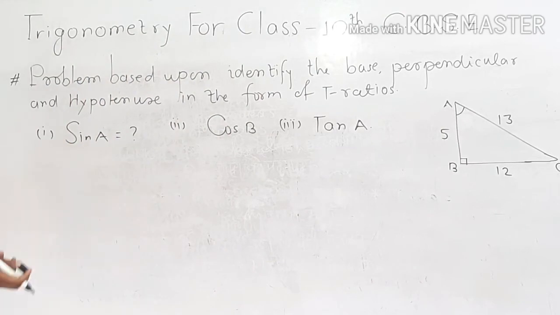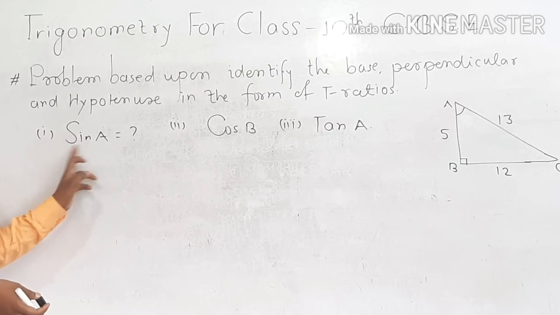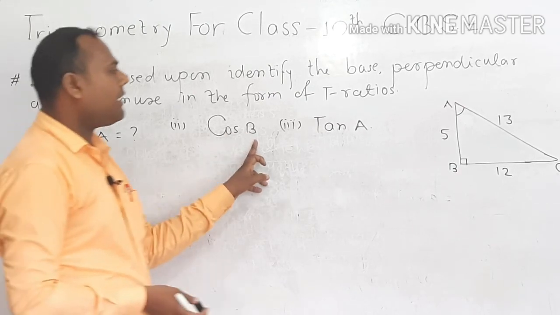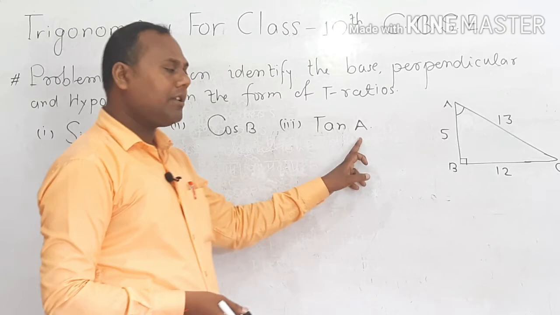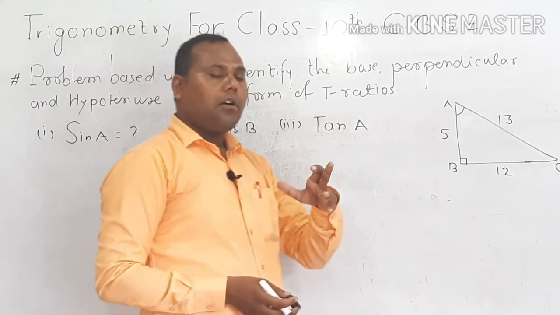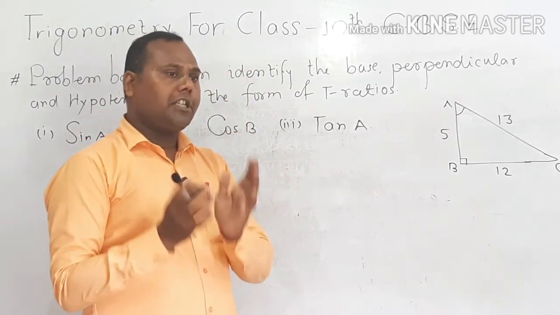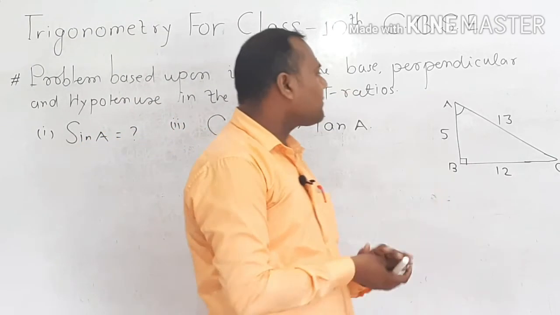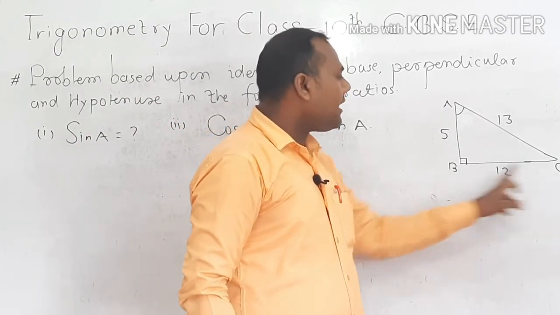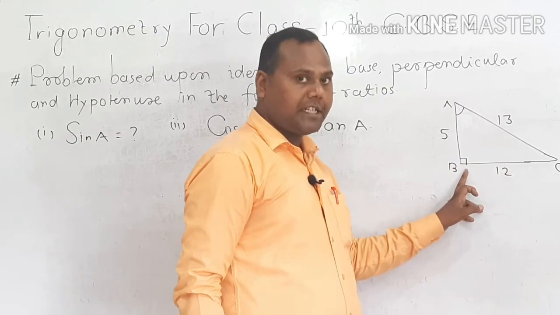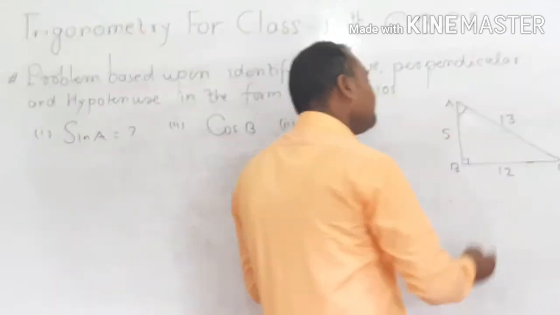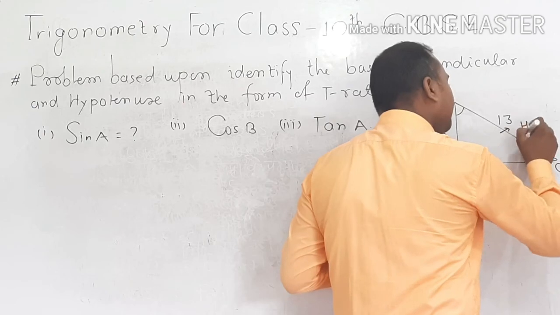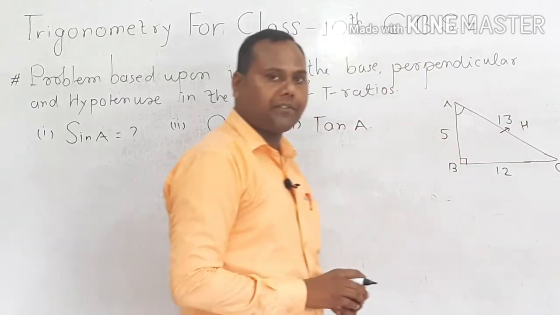In this question, firstly we consider the angle. Here is A, here is B, and once again here is A. That means we need a logical idea for the given angle. What is the logical idea? This is the triangle ABC, with the right angle at B. So this is the hypotenuse, and the hypotenuse is fixed.